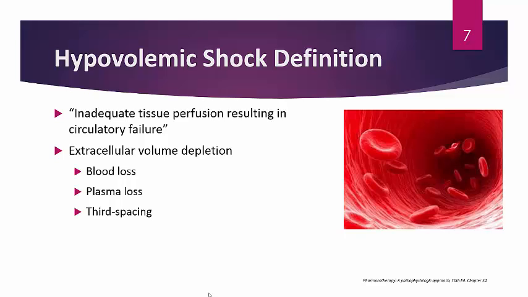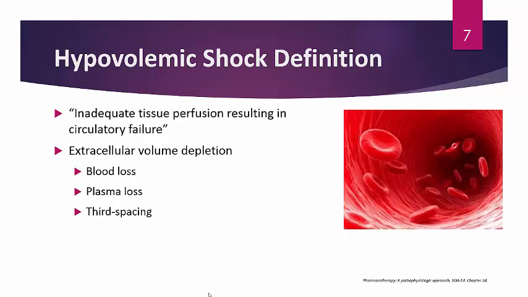So hypovolemic shock is relating to extracellular volume depletion, particularly within the bloodstream. Now, you can also lose body fluid from the intravascular space into another space of the body, such as the peritoneum, through third spacing.